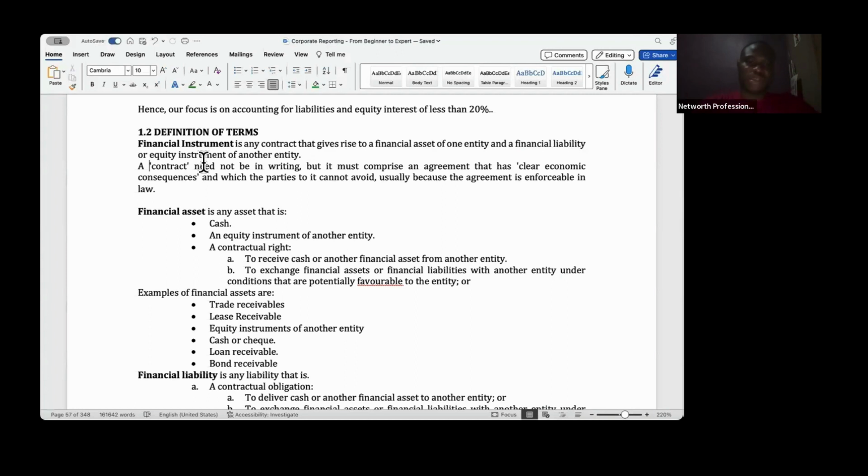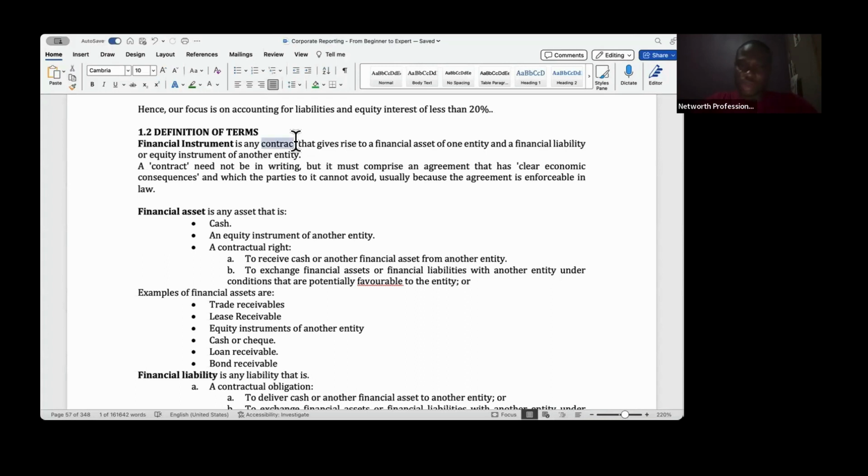Now people sign agreements electronically, but what is important about this agreement is that it must have clear economic and legal consequences, in the sense that if a party does not fulfill his own part of the deal, it can be sued, or penalized, or be asked to pay a certain amount of money. That makes it a contract, because every party must do what they are supposed to do. So the first thing about a financial instrument is that there has to be a contract.